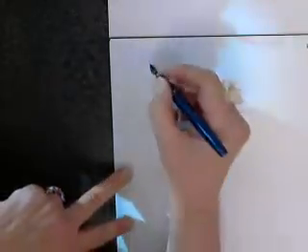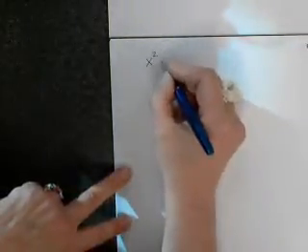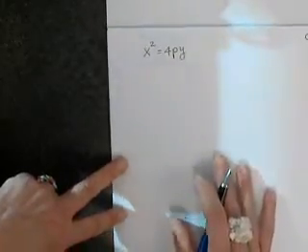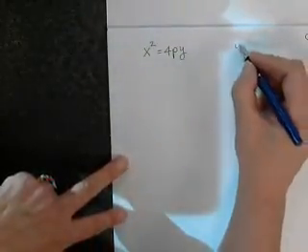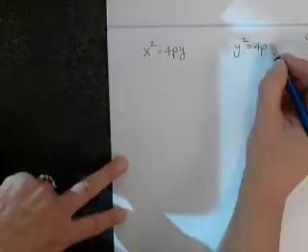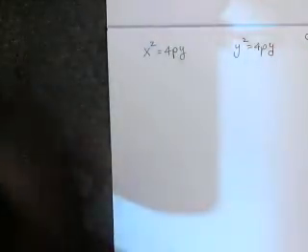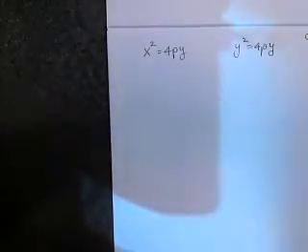Now, all I would like us to be able to do is see the difference between the two. I can show you how the following two expressions come into play: x squared equals 4py, and the other one, y squared equals 4px.